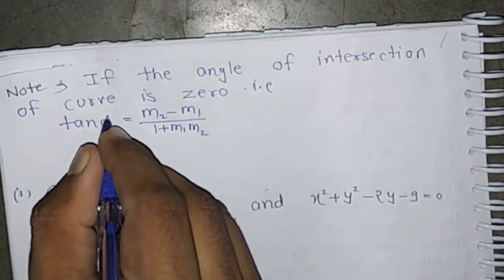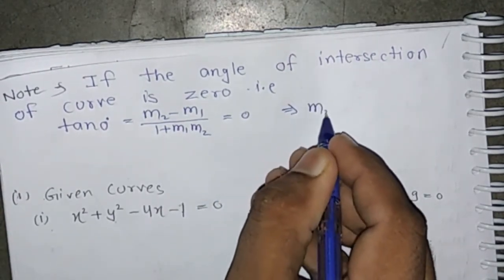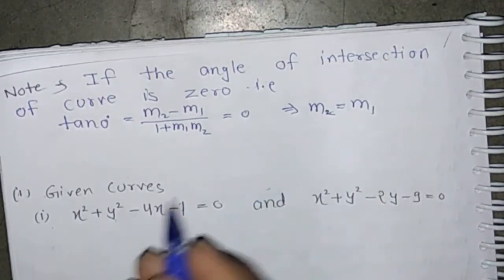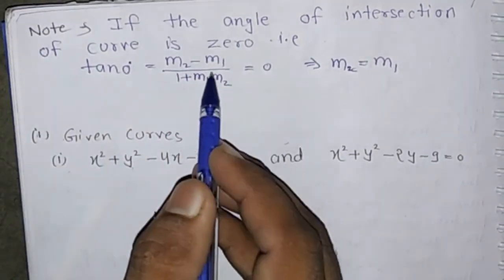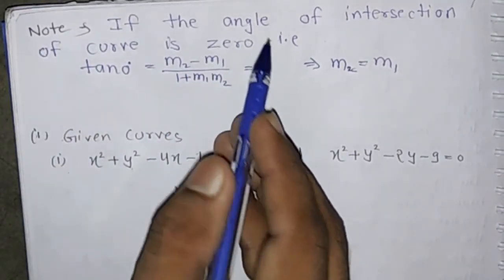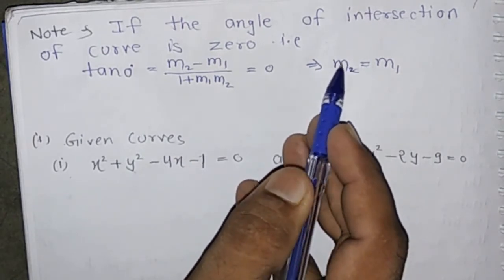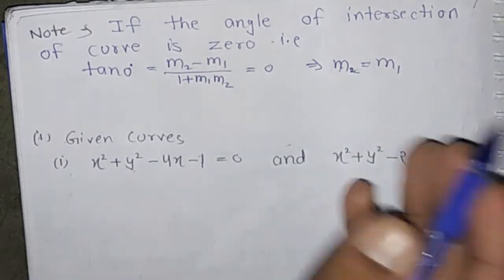Tan 0 is equal to 0. Then we have m2 equal m1, means if the angle of intersection of two curves is 0 degree, then slope of tangent on first curve is equal to slope of tangent on second curve.